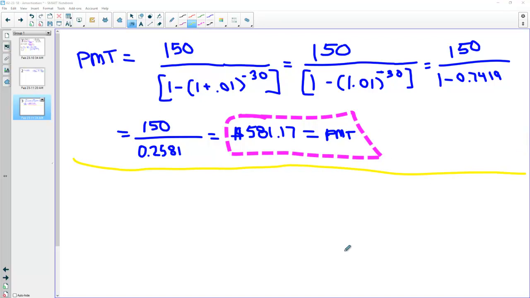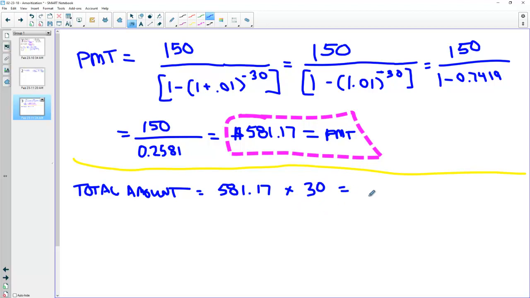All you have to do now, if they want to find the total amount repaid, is: total amount is equal to this number, which is 581, multiplied by 30. You're probably wondering why I said 30, right? Because how many payments do you have to make? 30 payments.